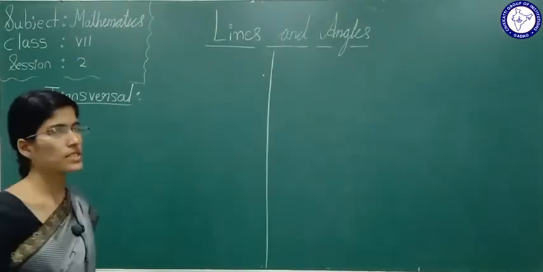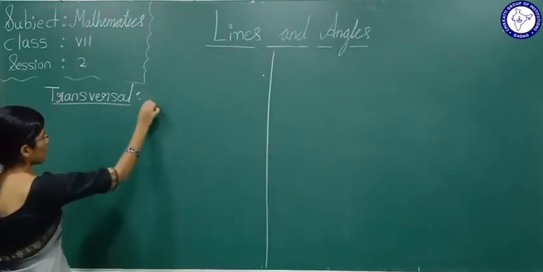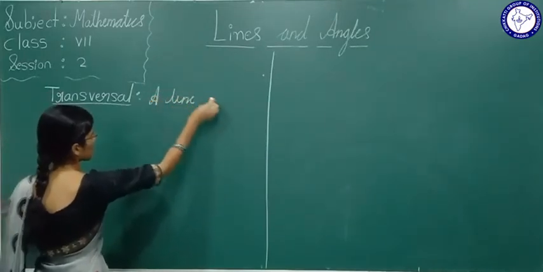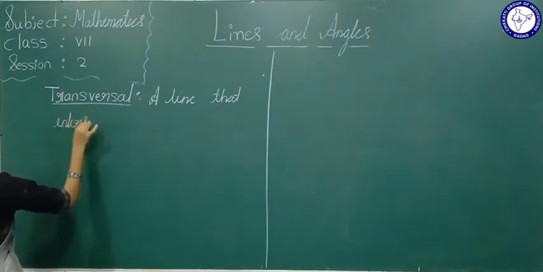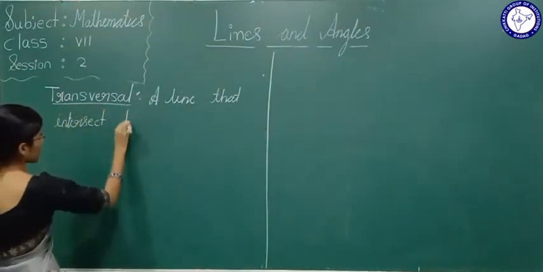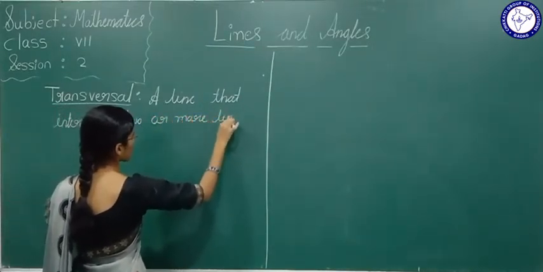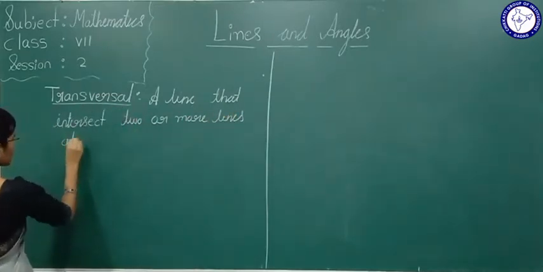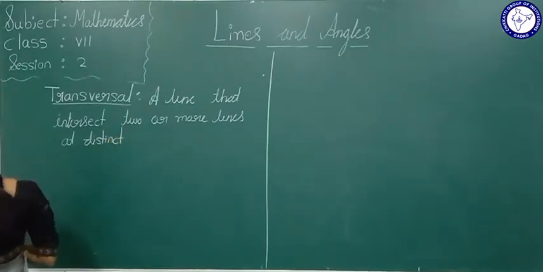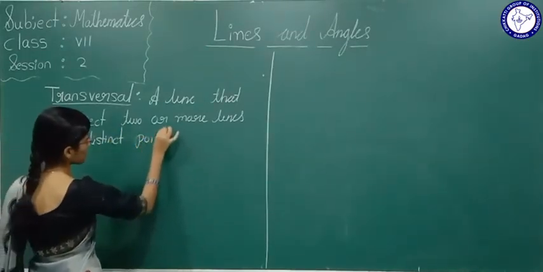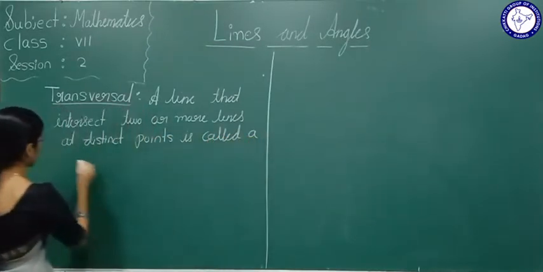Now we will see transversal. So what is a transversal? A line that intersects two or more lines at distinct points is called a transversal.